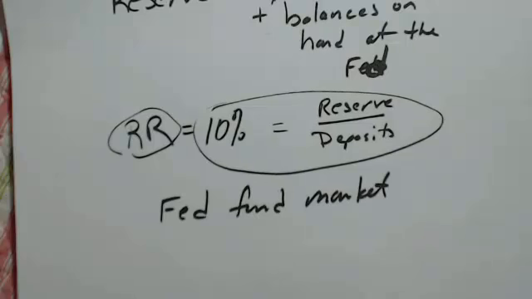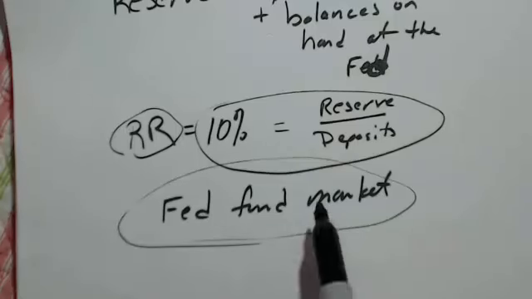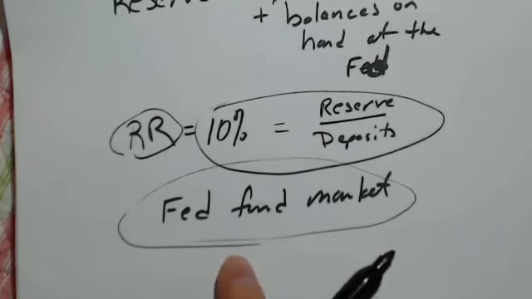And so the banks that have excess reserves are going to lend money to the banks that are in need of reserves. So there's a market out there, and the interest rate, which is the price of that money or reserves going back and forth, is called the Fed funds rate. This is a huge market that you don't hear too much about nowadays, but it's a market between banks.